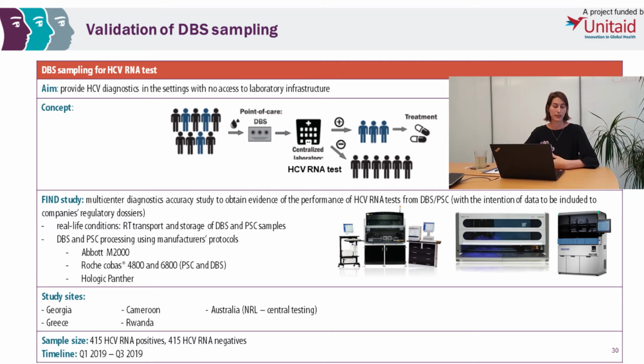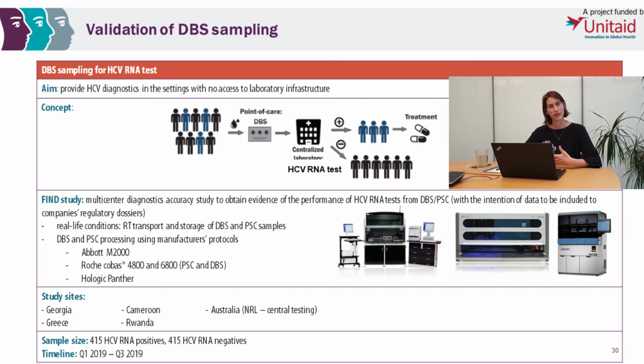We're doing this study in Georgia, Greece, Cameroon, Rwanda, and Australia. And we are finishing it very soon. And we hope to be able to provide the information and evidence to the manufacturers so they can submit for stringent regulatory authority for this DBS next year, in 2020.